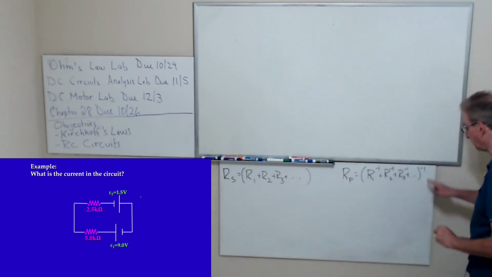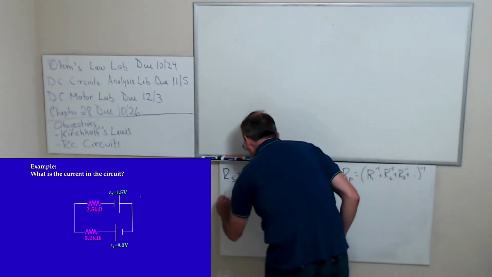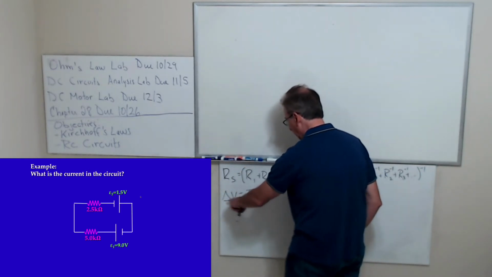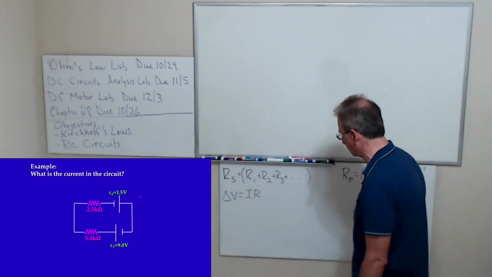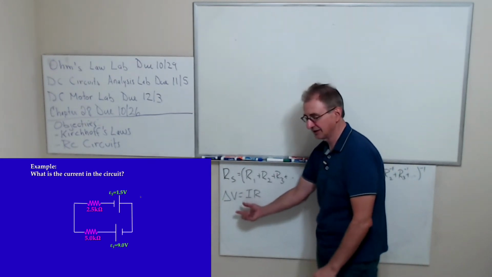So this whole thing is to the -1 power. Okay, and of course we have delta V is I times R. And the way this is written here, delta V is written as a positive number. Right now this is written as the magnitude of the potential drop.